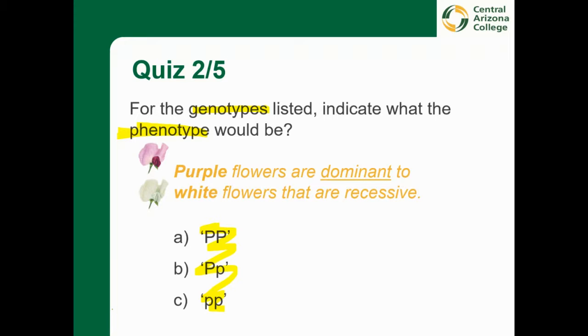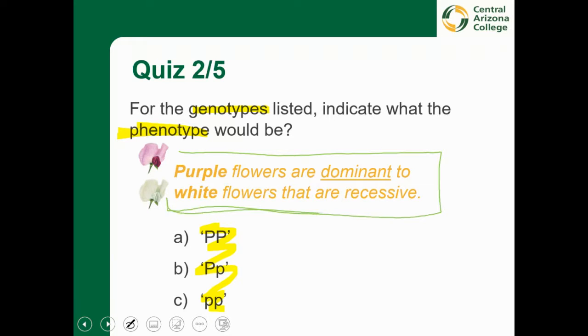The background knowledge that I'm going to share with you is that purple flowers are much more dominant than white flowers. So whenever you have an allele for a purple flower, even if it's just one, you will see the outcome of a purple flower. The only time that we see white flowers is if we have 2 recessive genes for the flower color.